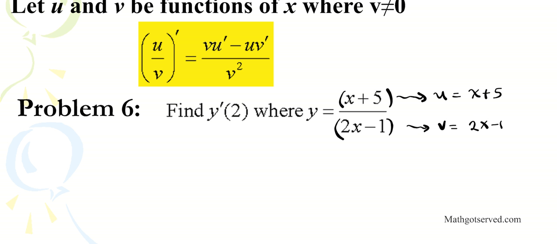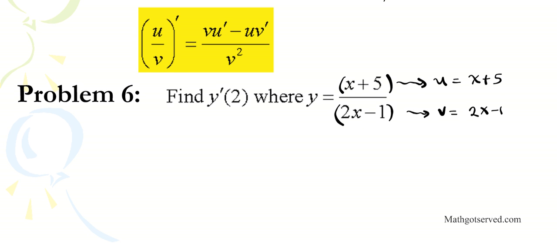Okay. So let's rewrite the function down here, and I'm going to use it to evaluate y prime, and then when we're done, we will substitute 2 into our x values. All right, so y prime is going to be v u prime, low d high, minus u v prime, which is high d low, over v squared, which is low squared.